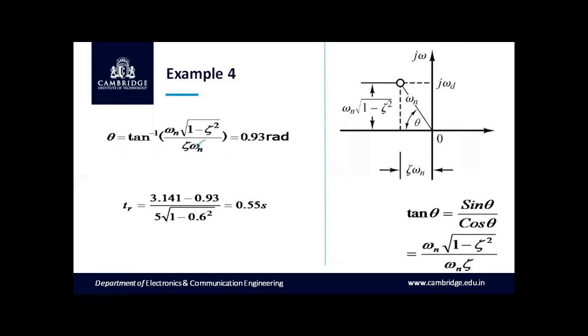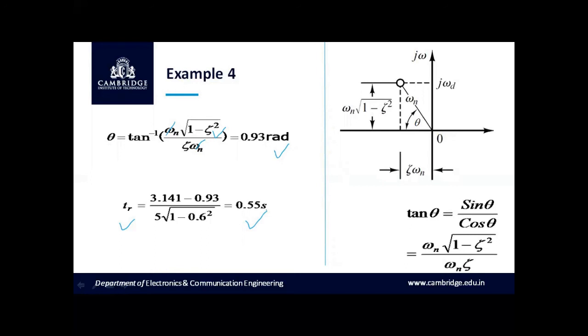Here omega n and omega n will get cancelled out. We have generalized it as theta is equal to tan inverse of square root of 1 minus zeta square divided by zeta. Once after substituting the values, we can obtain theta as 0.93 radian. And if you substitute for theta in the rise time formula, we can obtain the rise time as 0.55 seconds.